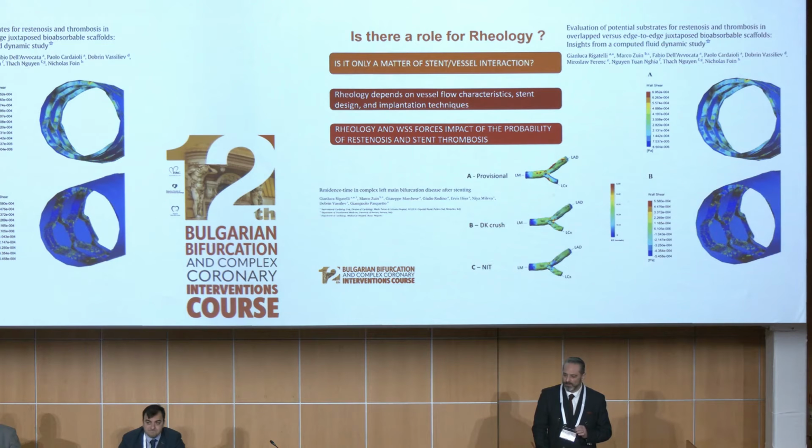And what we have is that in provisional, when you use provisional in complex bifurcation, the residence time is much higher than when we use DK crush, and practically there is no residence time when we use nano-inverted T. That is very physiological compared to DK crush or culotte technique when we use them in complex bifurcation.